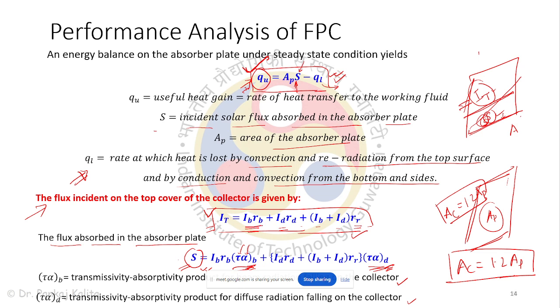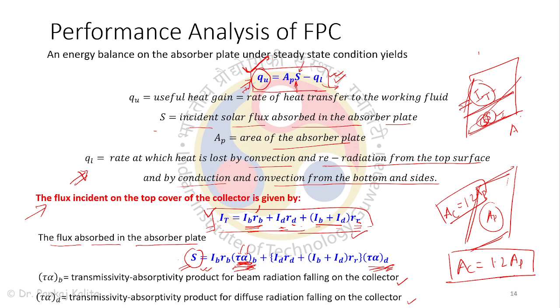So this is your beam radiation, this is your diffuse, and this is your total global radiation, and this is your factor of reflection, and basically this is for diffuse and this is for beam radiation. This value you have already calculated, if you remember, in some previous lectures. Now when it passes through the toughened glass, the transmissivity and absorptivity factors come into the picture.